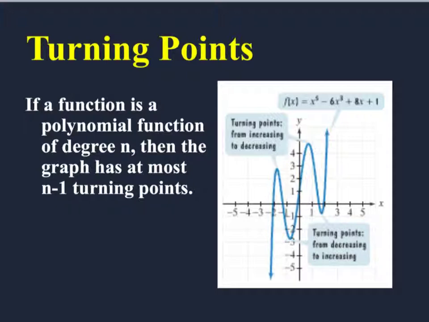Do you see that? What's 5 minus 1? 4. 4 should be the max number of turning points on this polynomial, and it is. Here's 1 turning point, 2, 3, 4. So I have 4 turning points, and that's the max for this polynomial function.